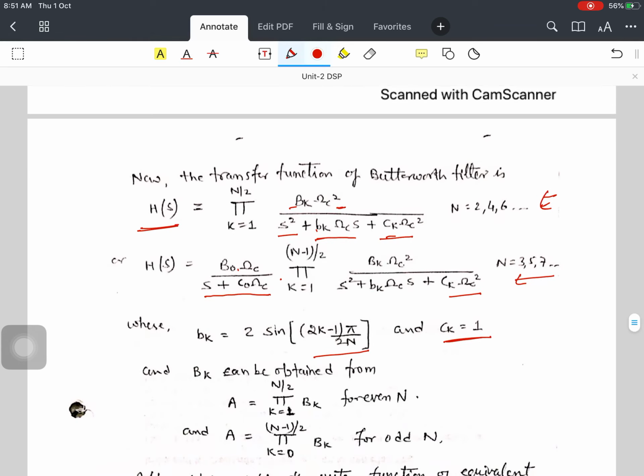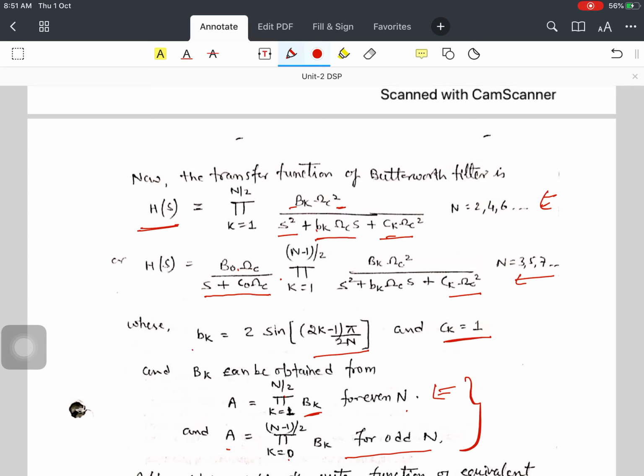Capital Bk can be obtained from this equation. When n is even, it is the product from k equal to 1 to n by 2 of bk. When n is odd, it is the product from k equal to 0 to n minus 1 by 2 of bk. So you have to remember these formulas when you are going to solve the numerical problem.